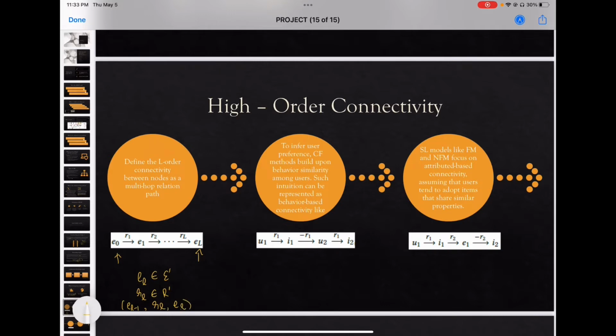That is, we define the two nodes and the edge between them as a single triplet. And this sequence has a length of L.